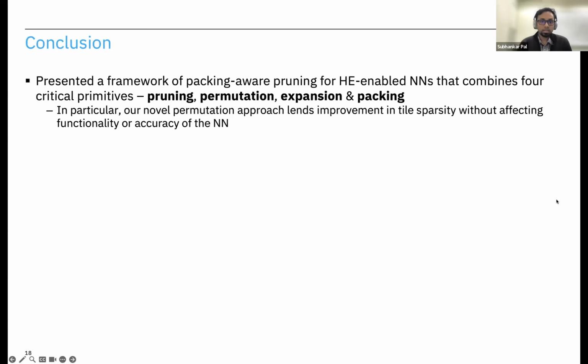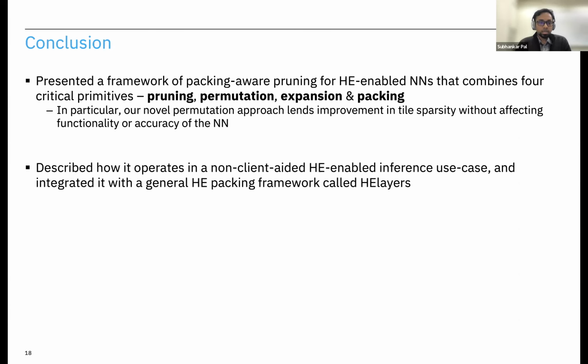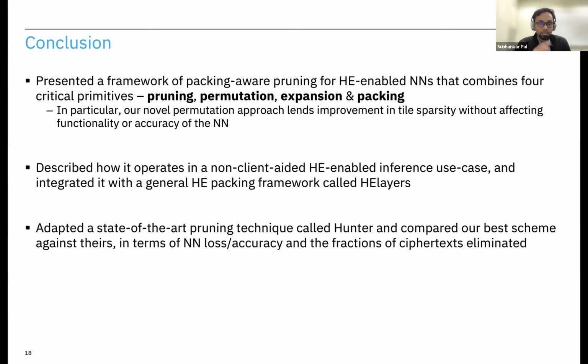And yeah, I think I'm done. So we conclude this work. We presented a bunch of techniques with pruning, permutation, expansion, and packing. Particularly, permutation is our novel contribution. We described how it operates in a non-client-aided HE use case with the framework called HE layers.